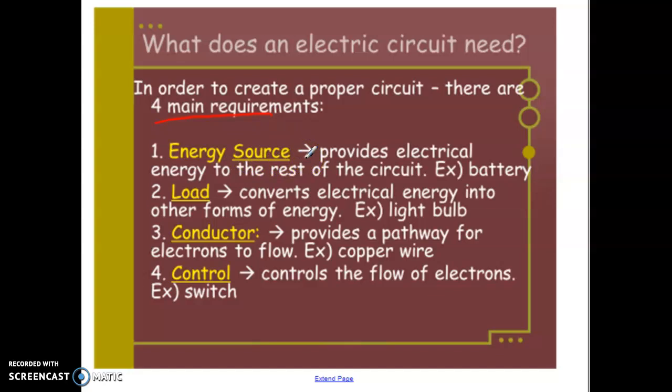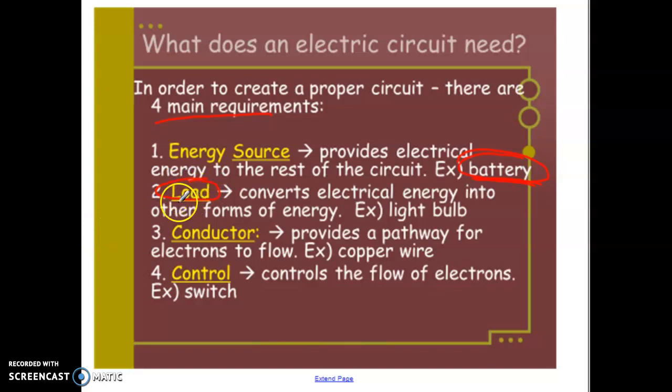So of course we need an electric source, an example here being a battery, because you have to have the electrons coming from somewhere. Like the electrons that are flowing, where are they coming from? Most of the circuits we're going to be looking at are going to involve batteries.